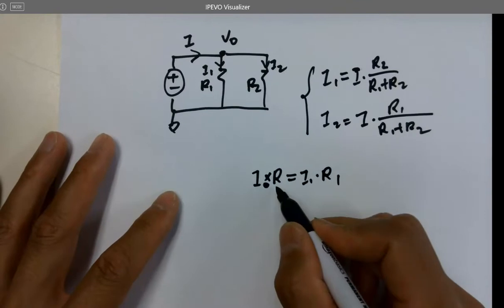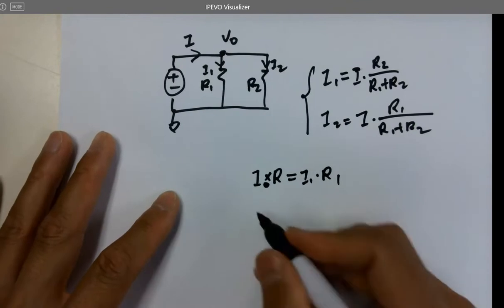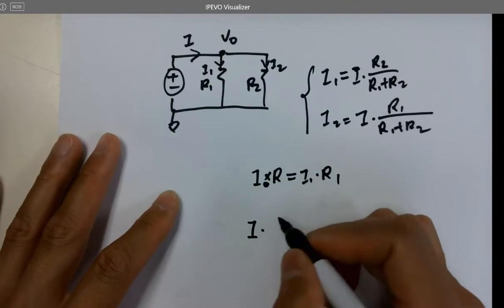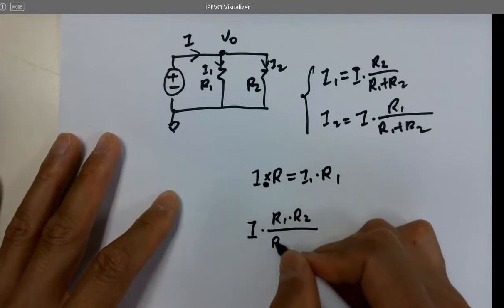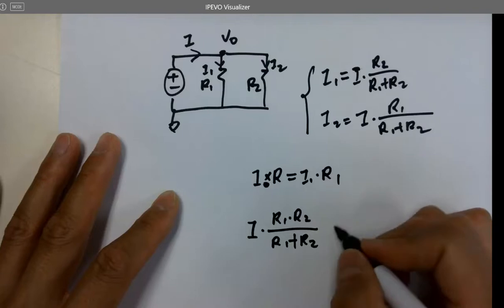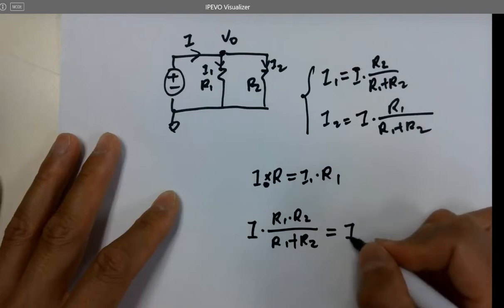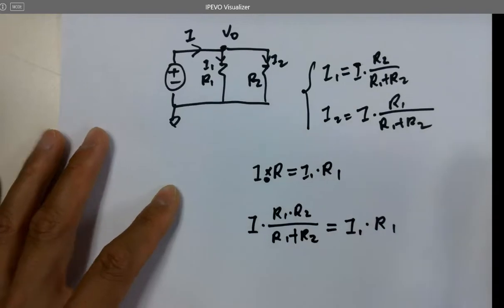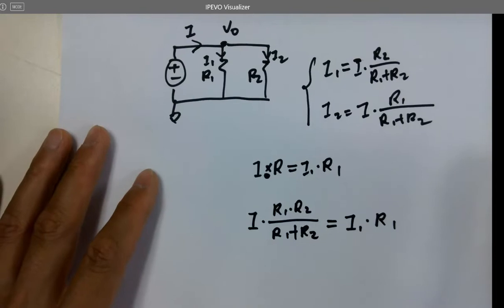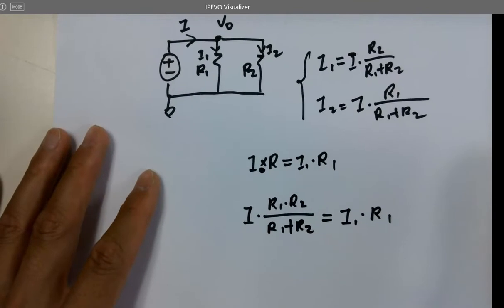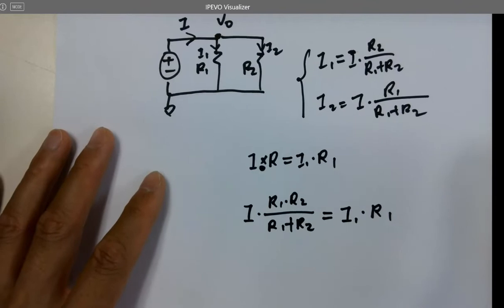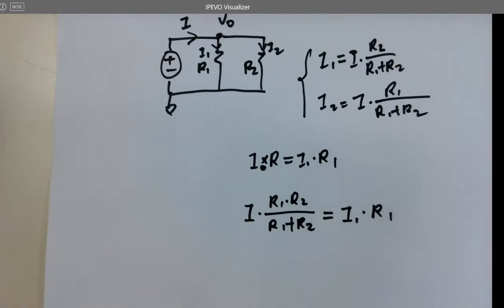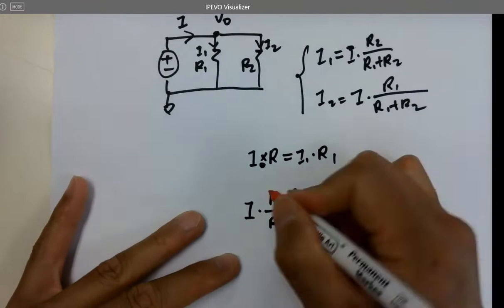So what is R? R is R1 times R2 over R1 plus R2, right? And then you cancel R1 here, and you get I1.